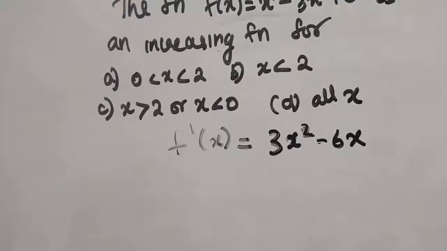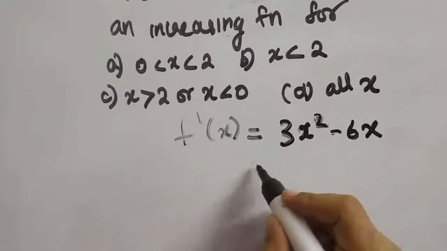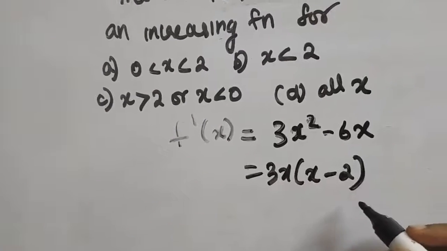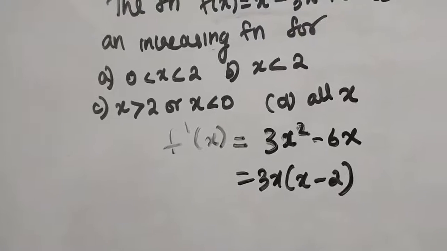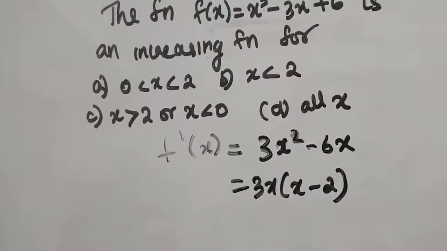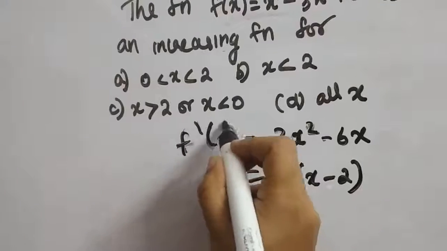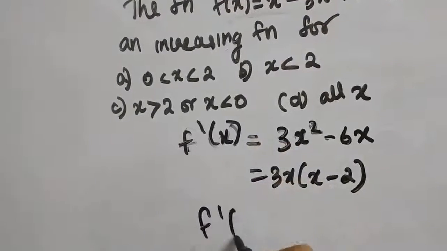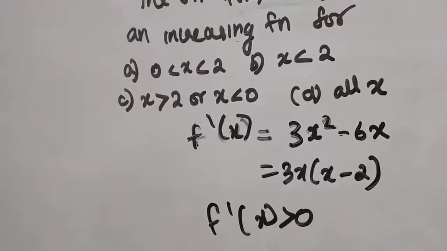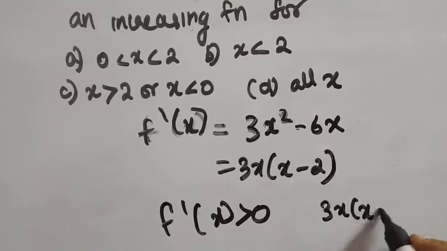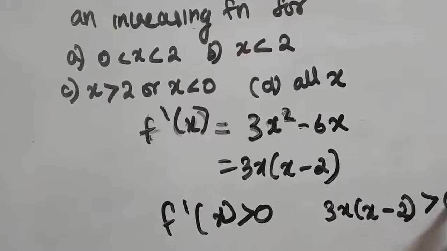Now I am taking 3x common, so this will be x minus 2. Now for this function to be increasing, f dash of x should be greater than 0. That means 3x into x minus 2 should be greater than 0.